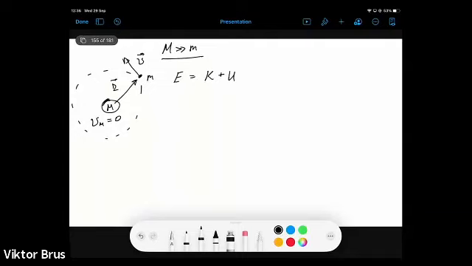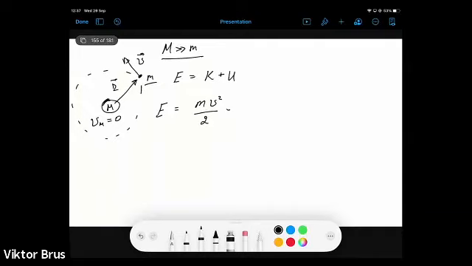For kinetic energy, we know the expression. It's m, mass of this object which is moving, times v squared divided by 2. And for potential energy, we just derived this equation on the previous slide.